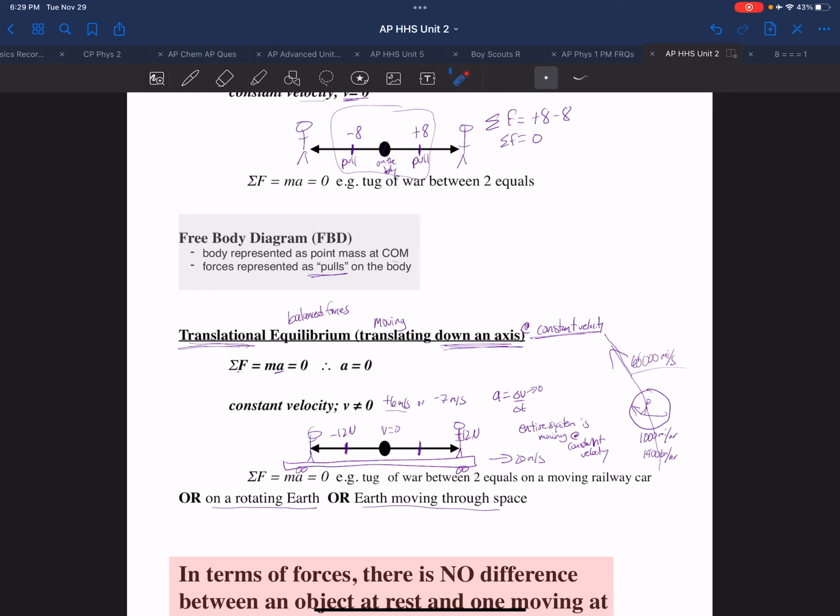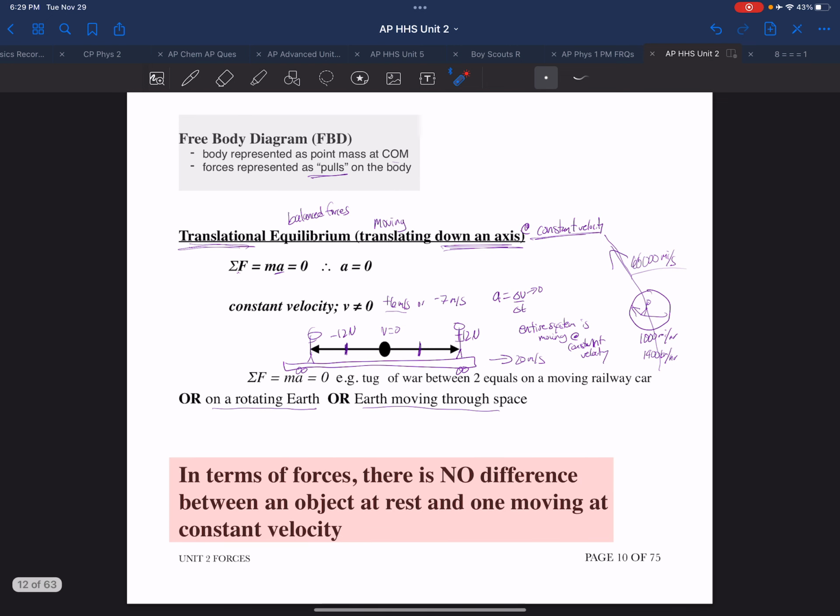Equal and balanced. When you look at these free body diagrams, the only thing you can say about them is that the forces are balanced and that the accelerations are zero. So that leads us to this final point: in terms of forces, there's no difference between an object at rest and one moving at constant velocity.